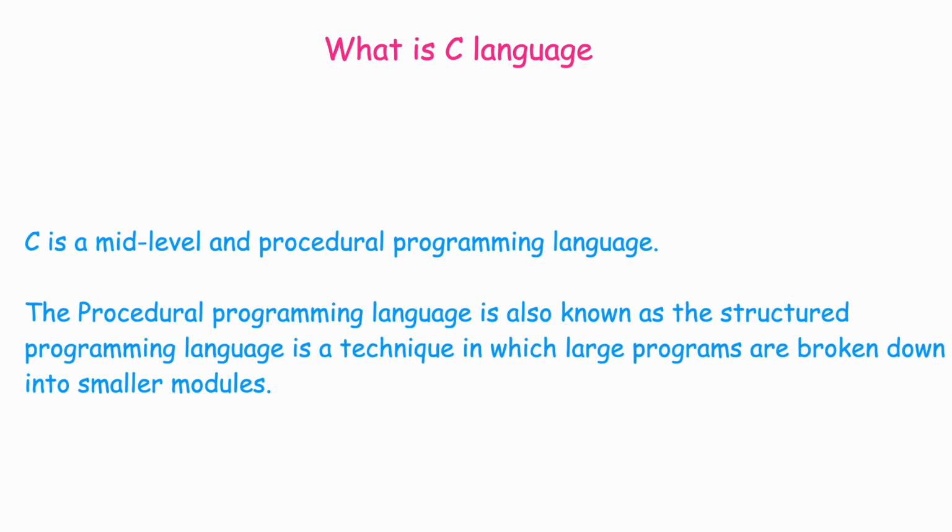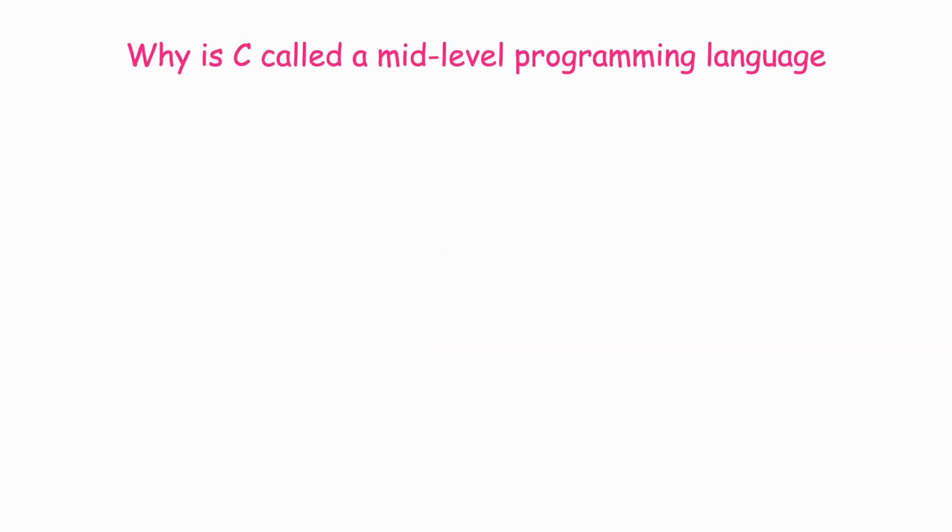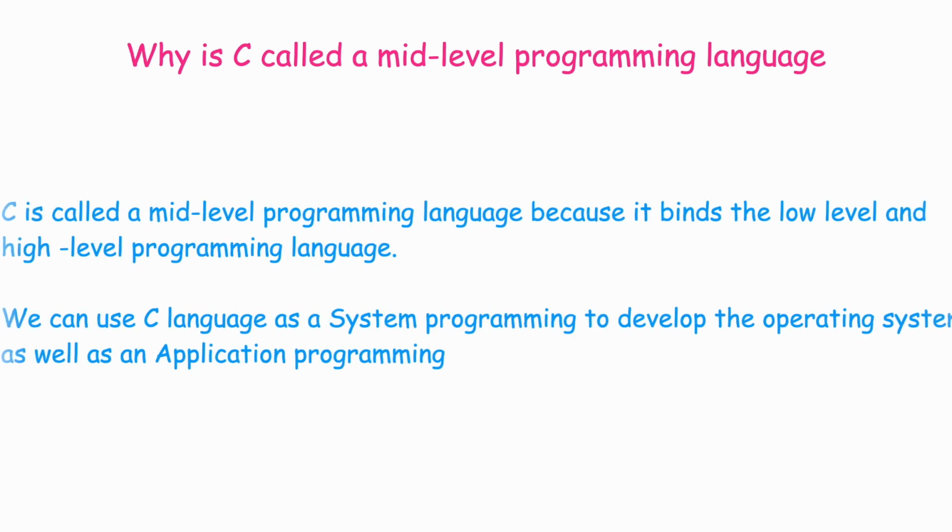Now we will check what middle level language means. So why is C called a middle level programming language? Let's check the actual answer. C is called a middle level language because it binds the low level and high level programming languages together. Say for example, this is my C language.